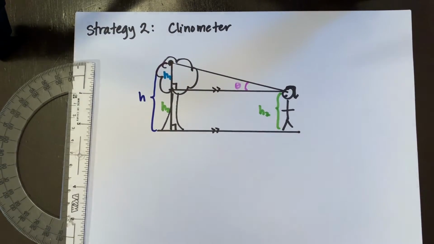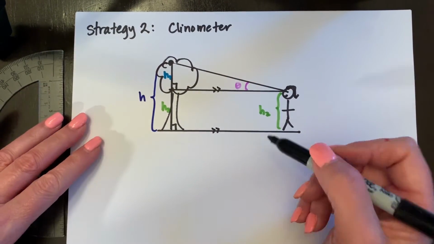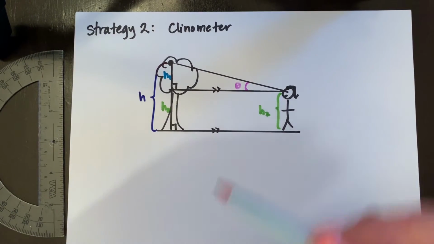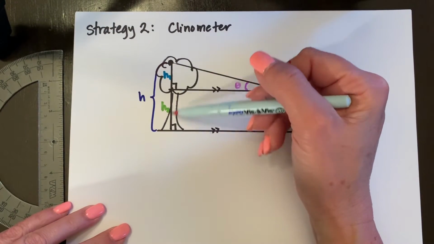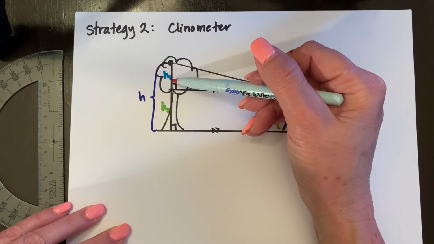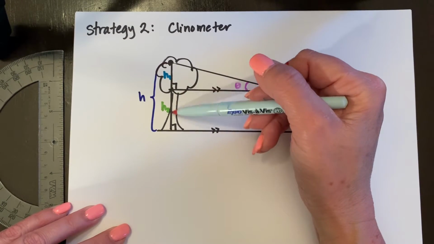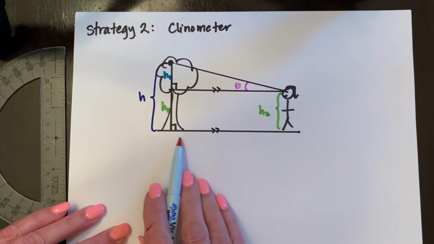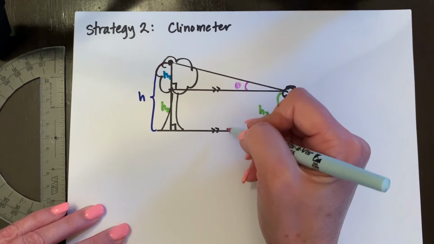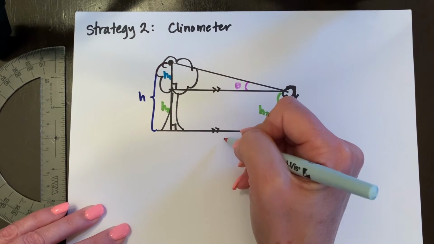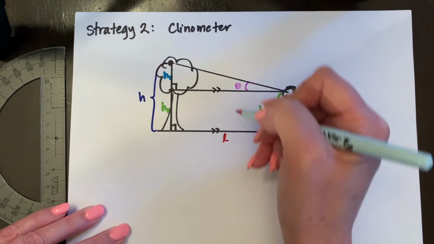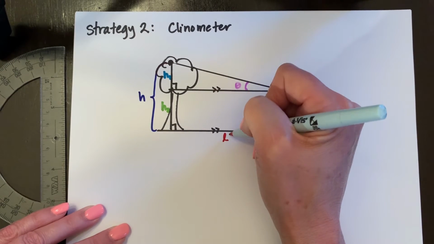And so our goal is to find the height of this orange by using two unknown heights and the horizontal distance that the orange was from the tree.